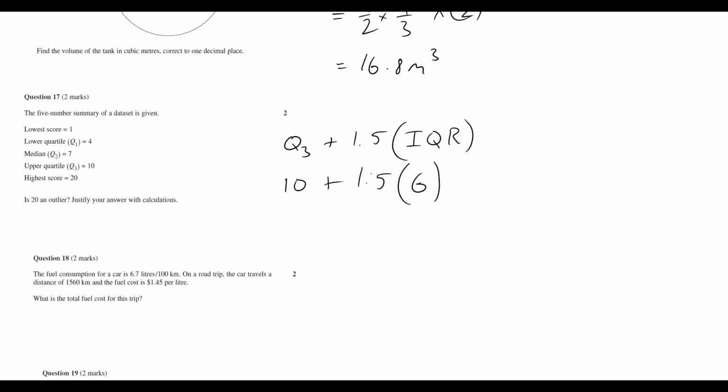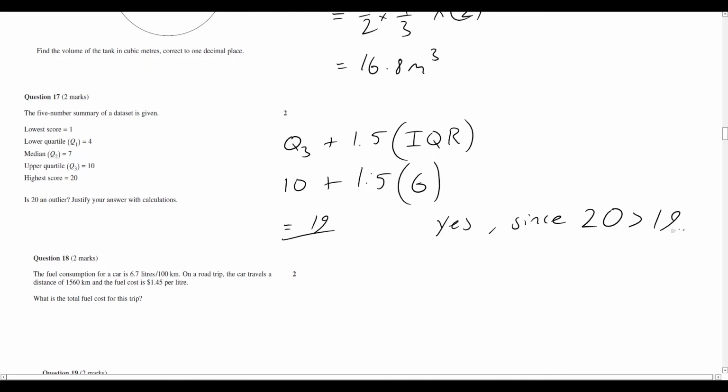All right, so 10 plus 1.5 times 6, that's a 9 over there, so this will just become 19. Cool. So, is 20 an outlier? We'll say yes, it is, since 20 is greater than 19. And that's all we need to write for that question there.